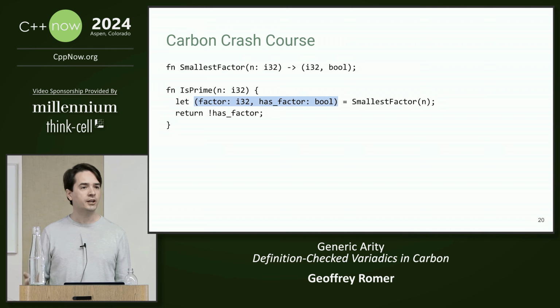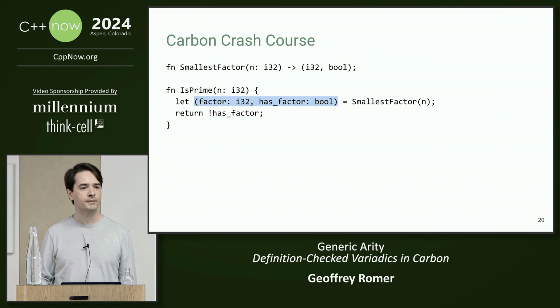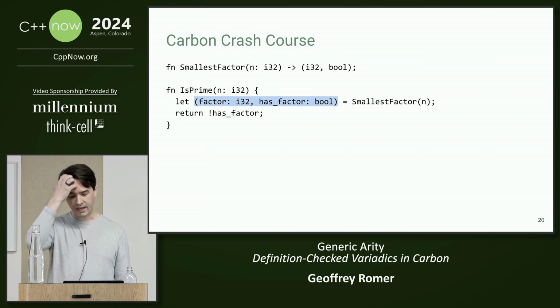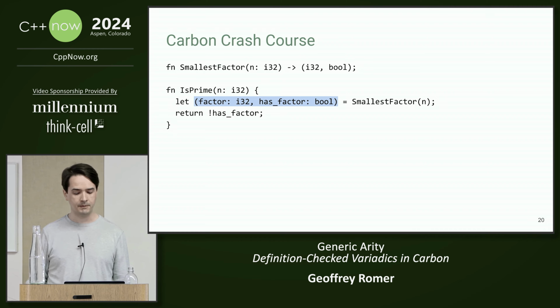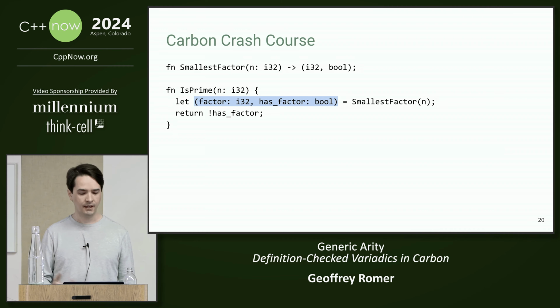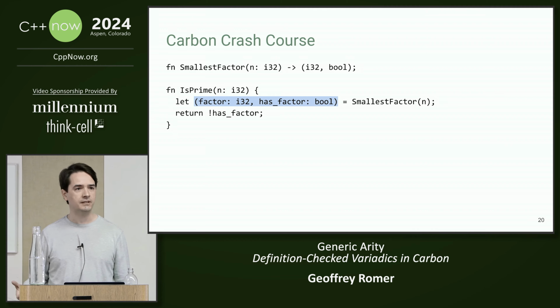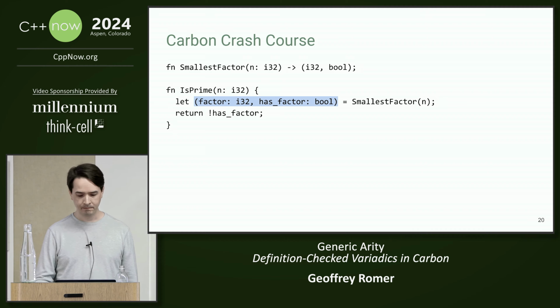And similarly, the argument list of a function call is a tuple literal. So the first step of a function call is matching the argument tuple against the parameter pattern. And by the way, throughout this talk, I'm going to be using the word parameters to refer to the patterns in a function signature and arguments to refer to the values that are passed by the caller.